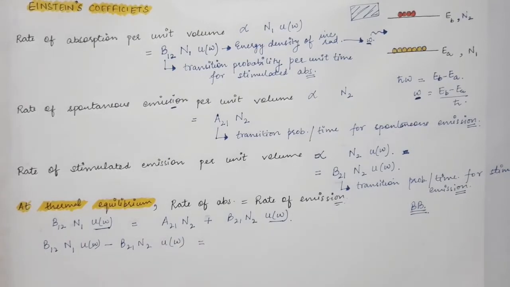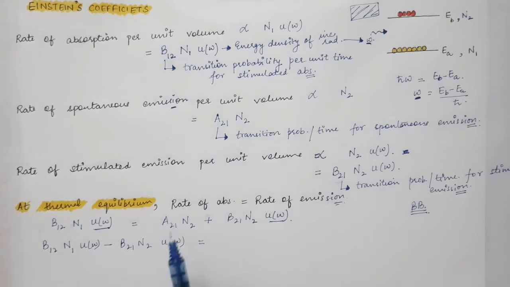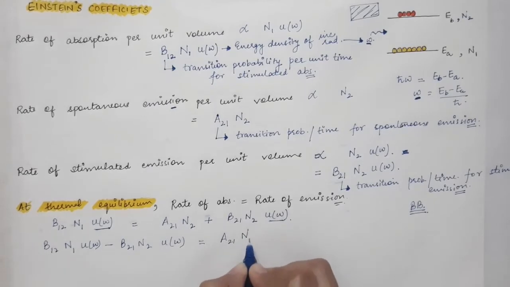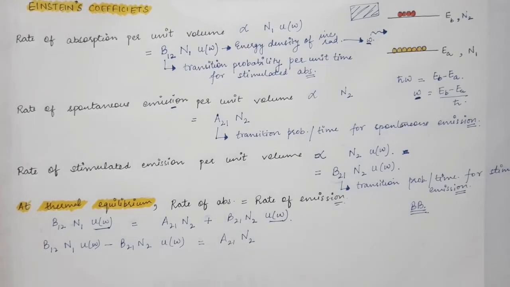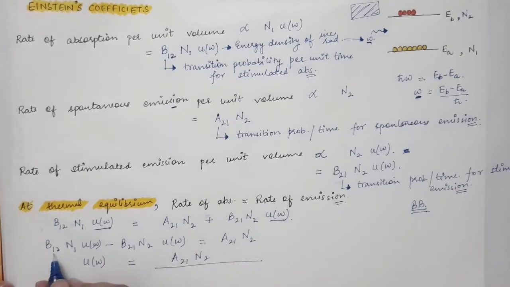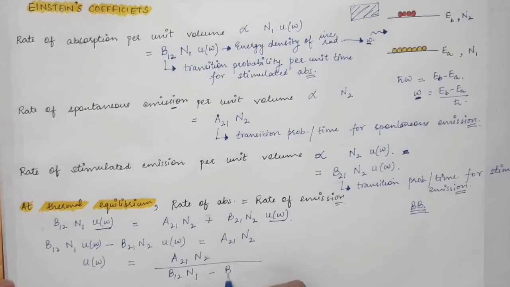Actually, what we want to find out is the relation of these Einstein's coefficients, and how they are related to each other. So A21 N2 will remain as it is, and from here we will take out U of omega. So U of omega will be equal to A21 N2, which remains as it is, whole divided by B12 N1 minus B21 N2.